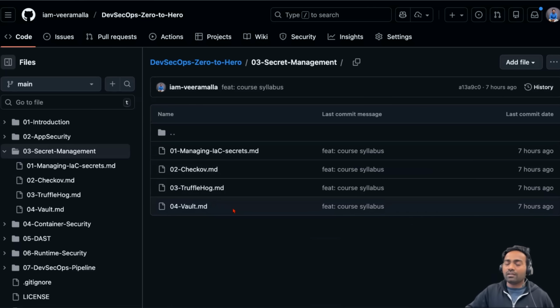So if you understand, we will not directly focus on the tools. We will first understand the concept, and then we will focus on the tools as per the concept. So instead of just listing out 10 tools for DevSecOps, the goal of this series is to build the mindset, and according to the things that we learn, we will focus on the tools. So this is about day 3.